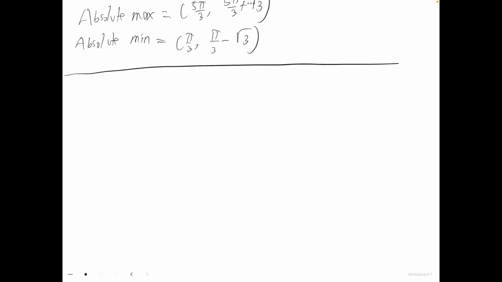So now let's look at one more example. This is a type of question that you might actually see in the real world. You might want to solve such a problem.